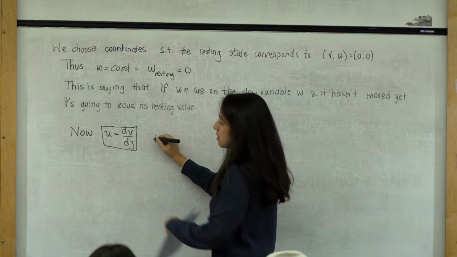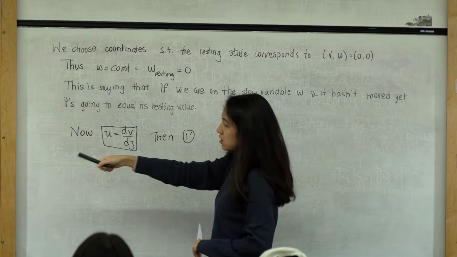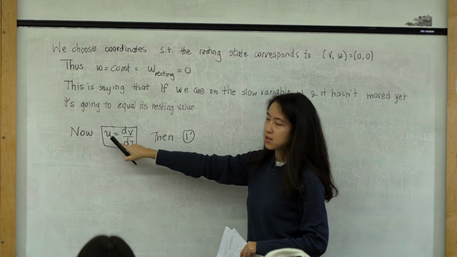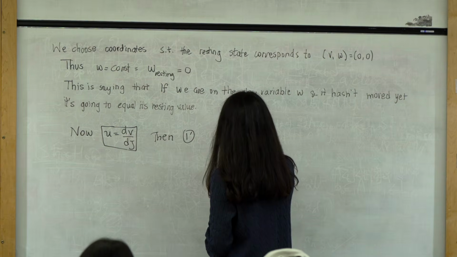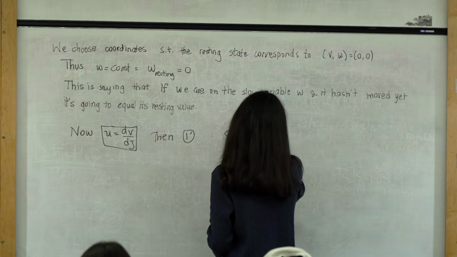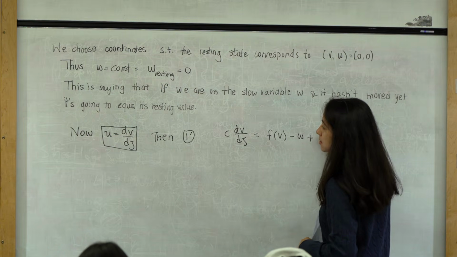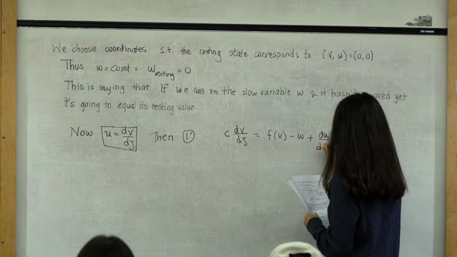Then if I look at equation 1 prime, you're going to see that on the right-hand side, the second derivative of v with respect to zeta is going to be a u prime, right? So this becomes basically c dv d zeta is equal to f of v minus w, plus this.